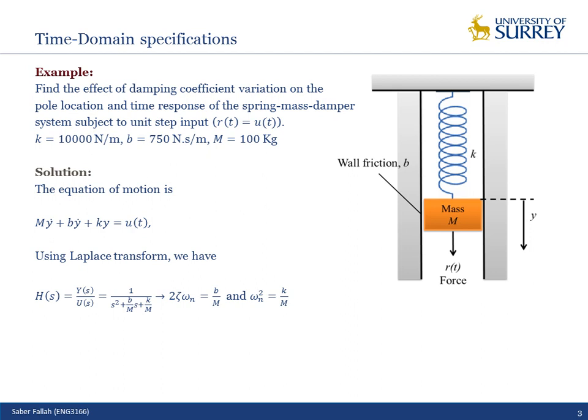So, if I solve these two algebraic equations, I can find a relation for the damping and natural frequency. I have damping ratio equal to b over 2 root of mk, and omega n equal to root of k over m.